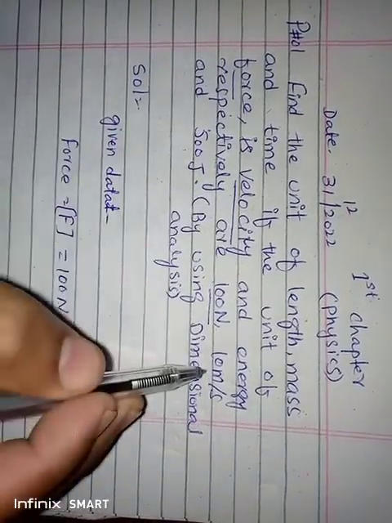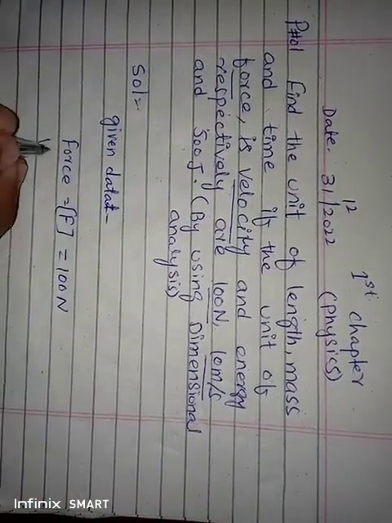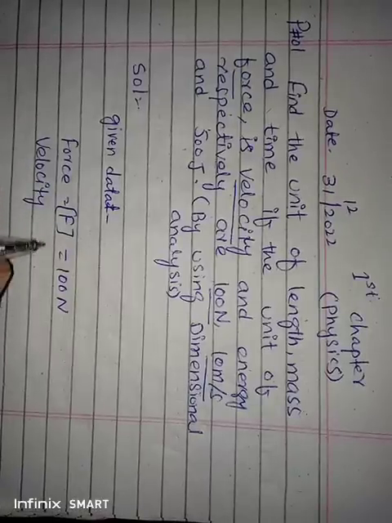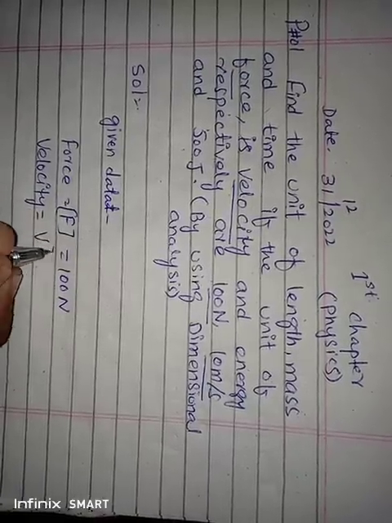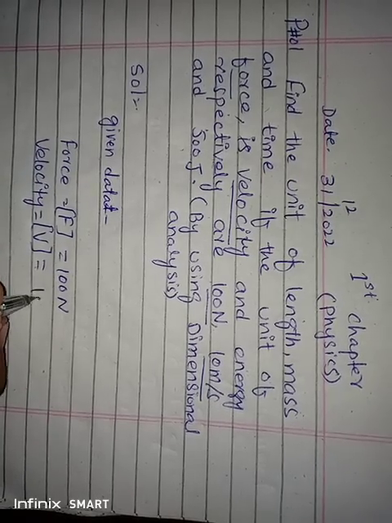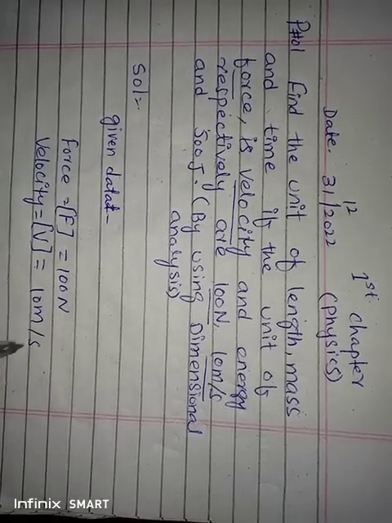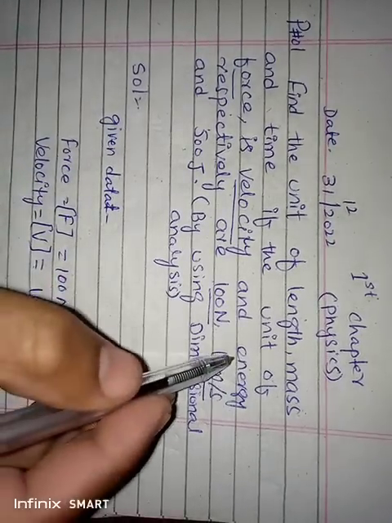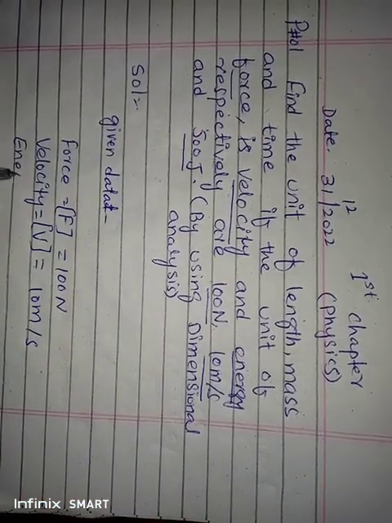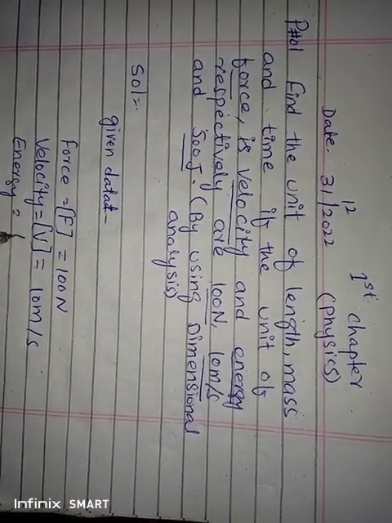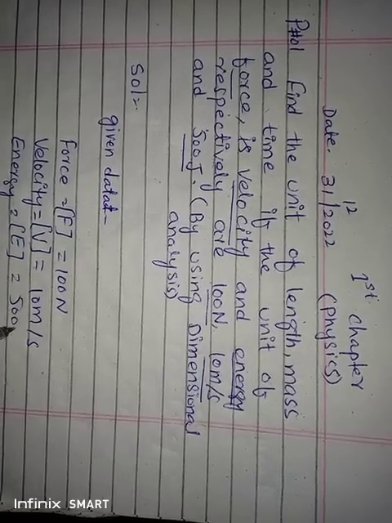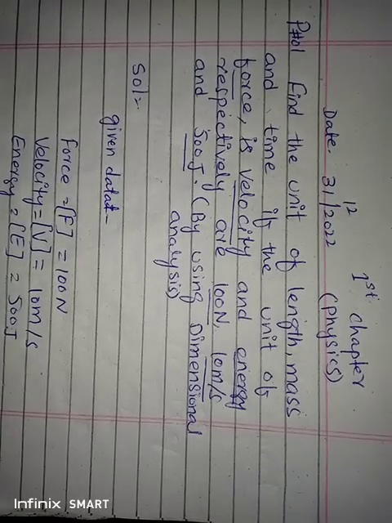Next is velocity V in dimension analysis, which is equal to 10 meter per second. And energy E, which is in joule, is equal to 500 joule.